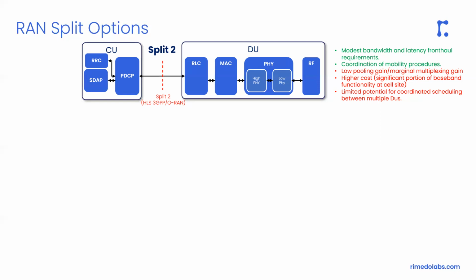Now, on the other end, it has a low pooling gain and marginal multiplexing gain because we are not able to handle multiple sites with the same MAC scheduler. The DUs are of higher costs because there is a lot of functionality at the cell site where the DUs are placed. And there is a very limited potential for coordinated scheduling.